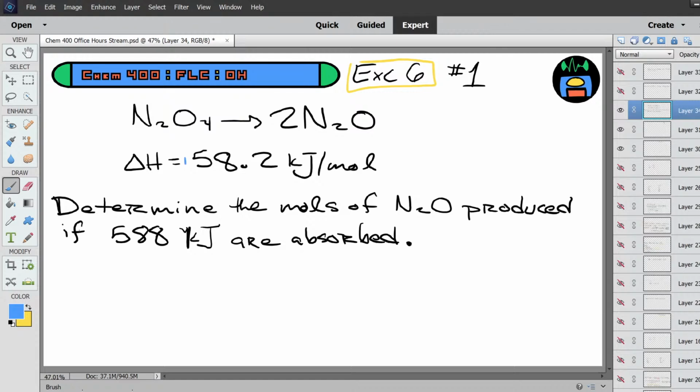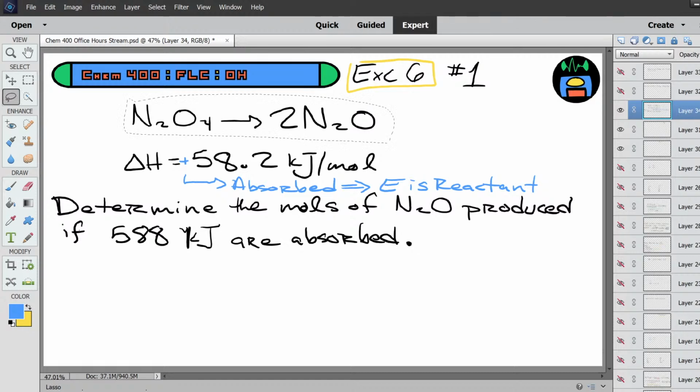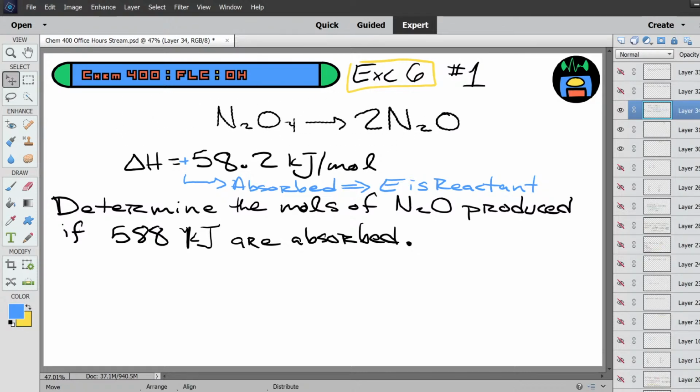Now, when you have a positive delta H, that means energy is absorbed. That means you treat energy like a reactant. Energy is a reactant in this reaction. So to solve this problem, you need to incorporate your change in enthalpy into your balanced chemical equation. And because it's a reactant, you write it on the reactant side.